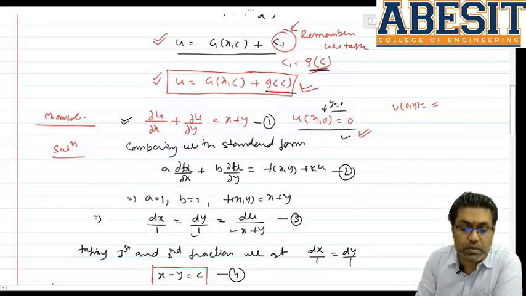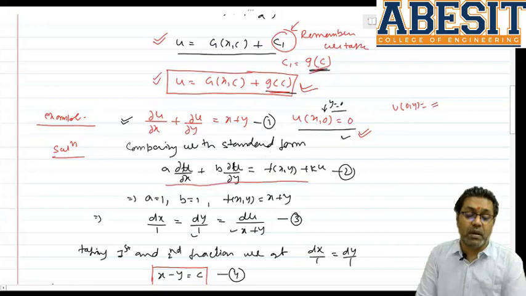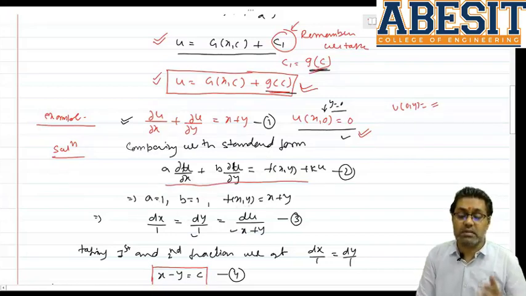Find the solution. First of all we compare this equation with our standard form, a del u over del x plus b del u over del y is equal to f(x, y) plus ku. From here we get a equal to 1, b equal to 1, f(x, y) equal to x plus y.